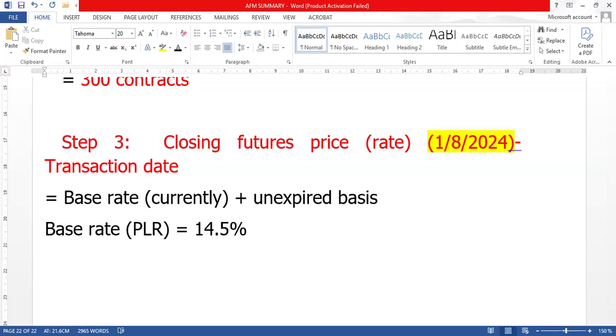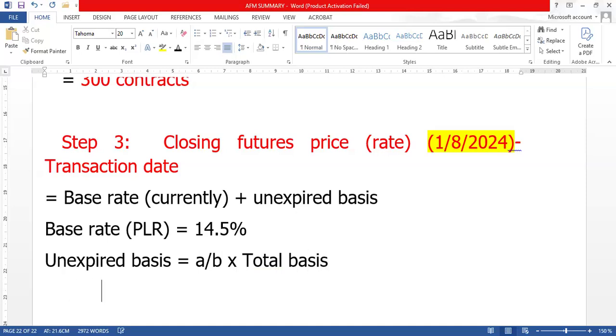Then what will be the unexpired basis? How do you get the unexpired basis? You simply get A over B times the total basis.